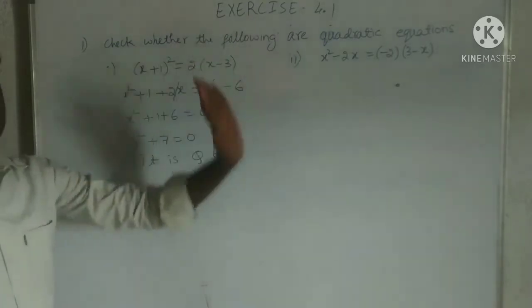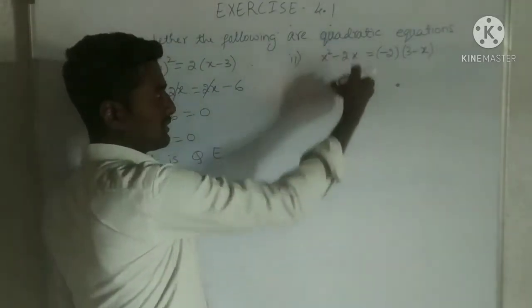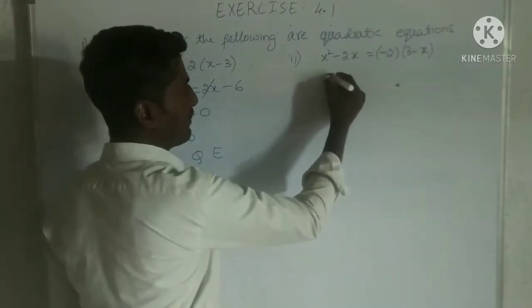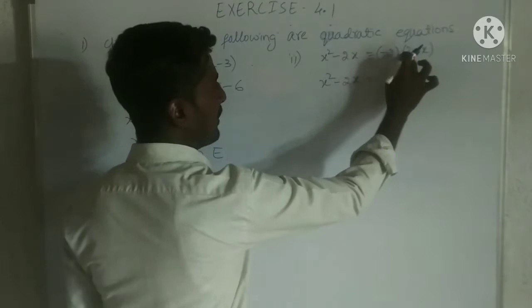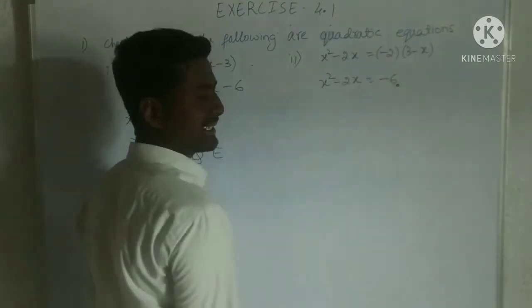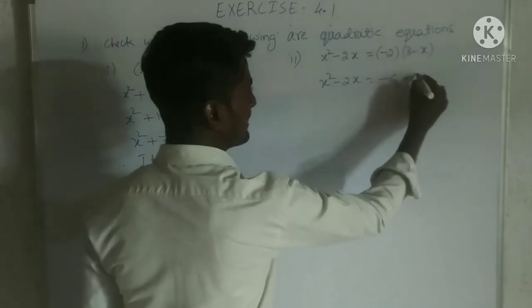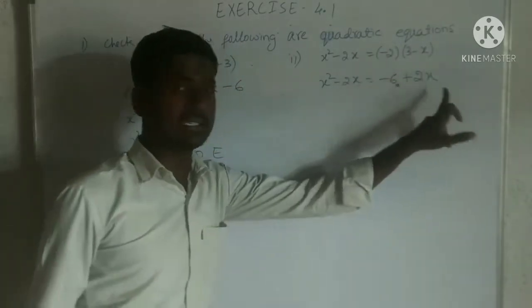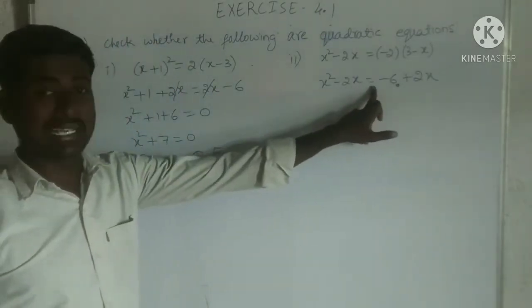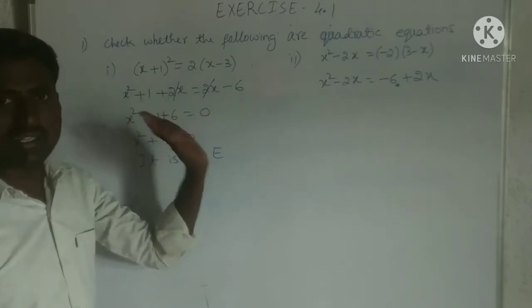Now we'll come to this. Again it is also a quadratic equation. So let us solve it. X square minus 2x is equal to, multiplying, minus 2 into 3, that is minus 6, minus into minus is plus, 2 into x is again 2x. Here we cannot cancel these two because the equal sign is there; same signs you can cancel only on the same side.